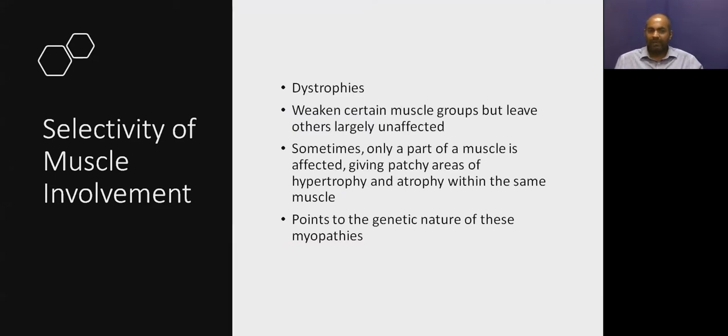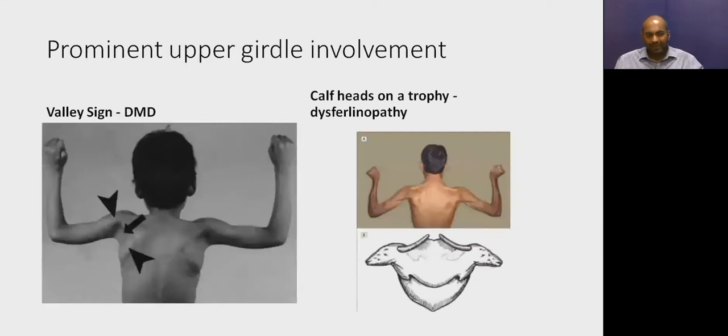They may even involve a part of a single muscle while leaving the other part uninvolved, so there is hypertrophy and atrophy within the same muscle. This is called selectivity. So we have to actively look at selectivity of muscle involvement. This is a pointer to the genetic nature of myopathy, and it becomes prominent.